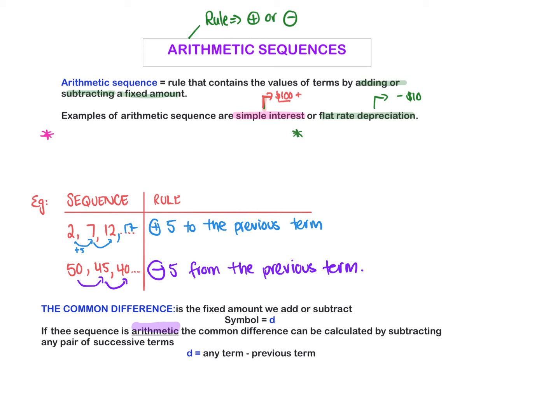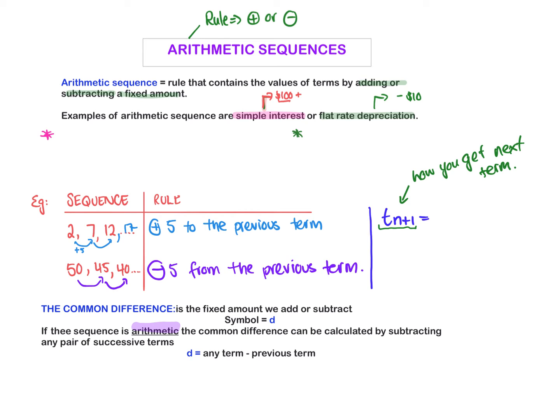So if I was writing a rule for this, I could say the rule on this. When you see this t n plus 1, it's just a way in maths of writing how you get the next term. So you don't have to get all worried about it. It's just a way we write how you get the next term.